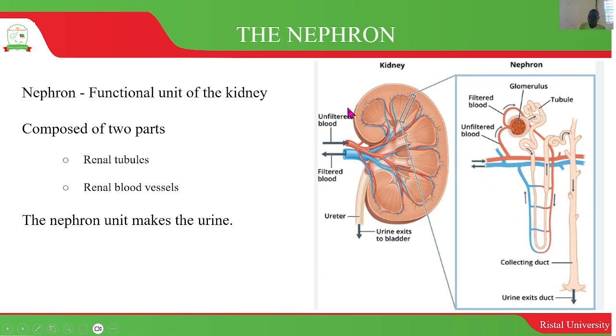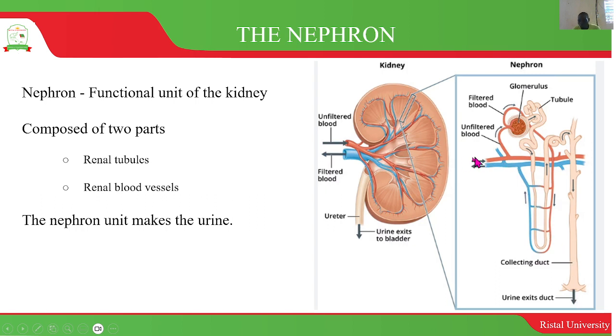So in each of these parts of the kidney, this is what we see as the functional units. And this is how the blood vessels interact and also the filtration system, and how they're connected to the pelvis of the kidneys and then to the collecting duct, and then it goes down to the urinary bladder.